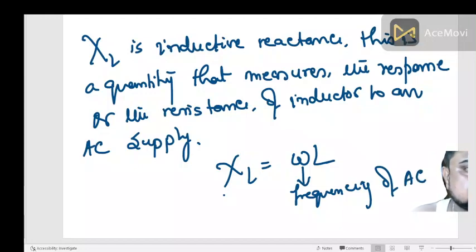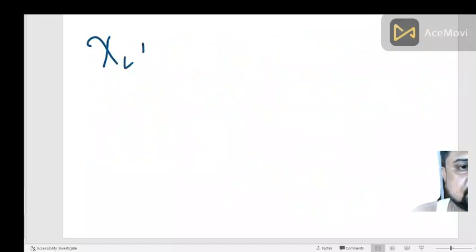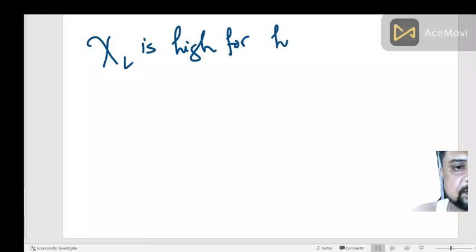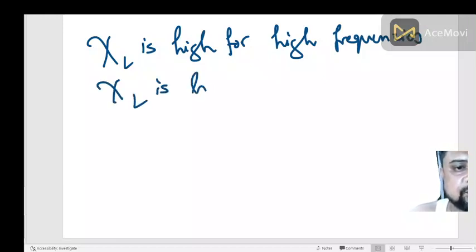So this XL is large for high frequencies. It is opposite to capacitor. And XL is low for low frequencies.